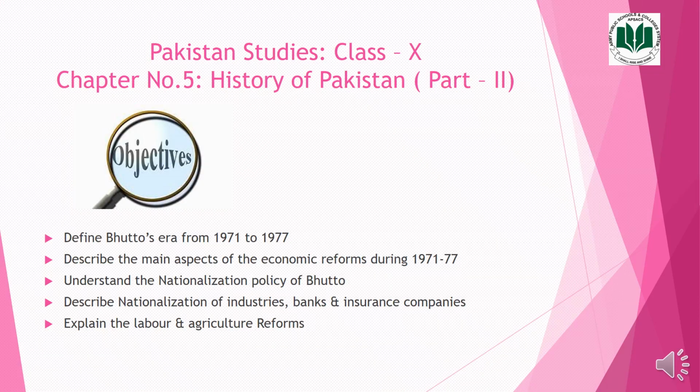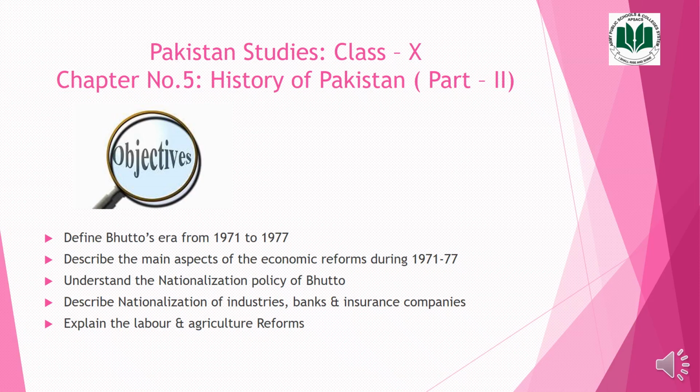Dear students, now we are going to start our first lecture properly. Before starting the lecture, as you know, we should know about the objectives of this lecture. The objectives are, number 1, define Bhutto's era from 1971 to 1977.